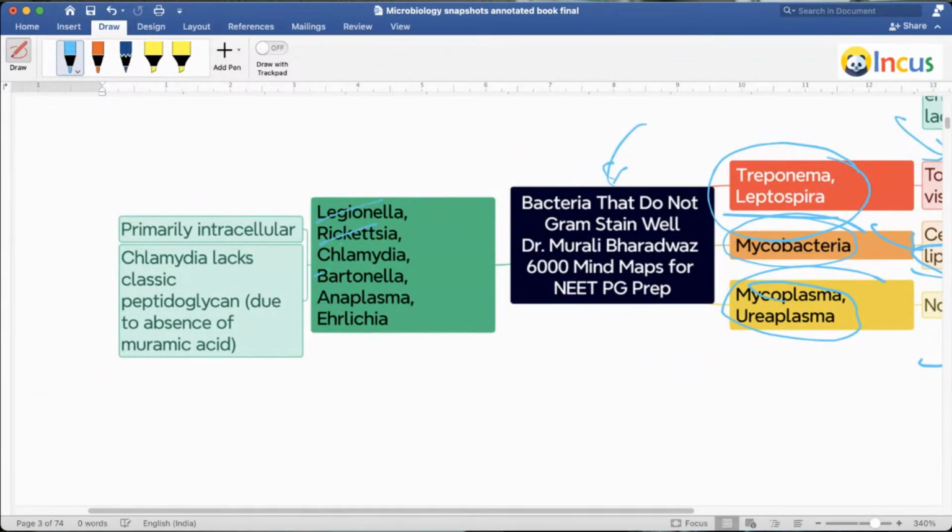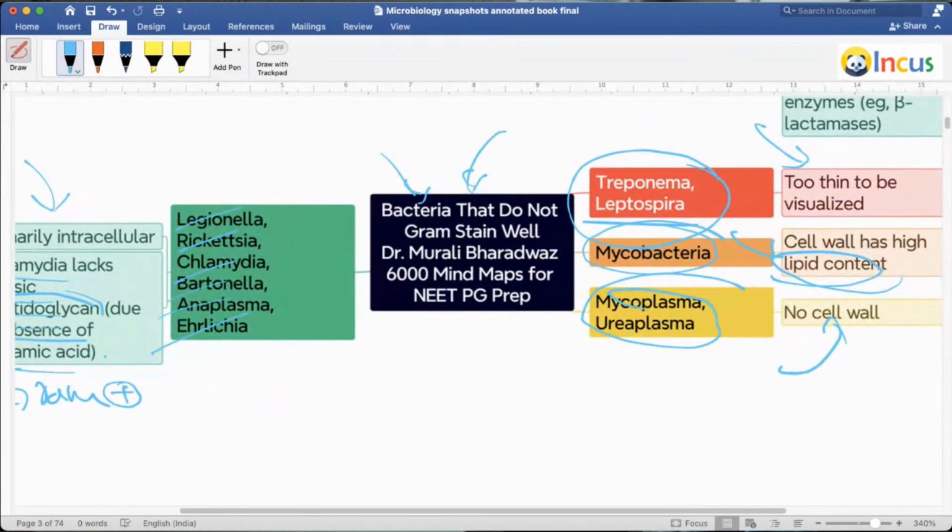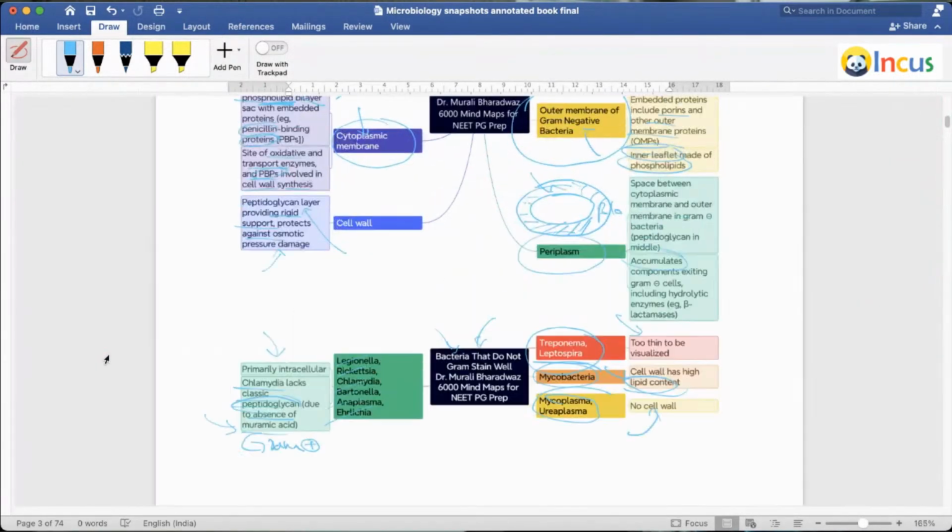Legionella, rickettsia, chlamydia, bartonella, anaplasma, ehrlichia, they also do not stain with gram stain. Why? Because they are primarily intracellular. And in fact, chlamydia lacks the classic peptidoglycan. So peptidoglycan, which is all there in the gram-positive organisms, is not there in chlamydia because of the absence of muramic acid. So what bacteria do not stain on gram stain, and what is the reason? You need to be very sure. Next mind map.